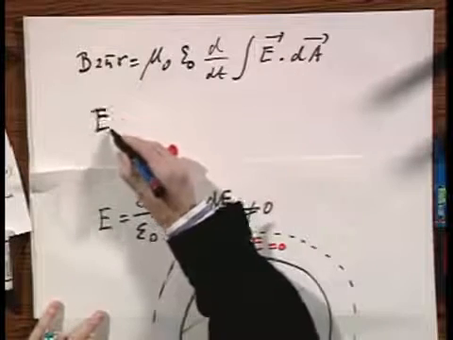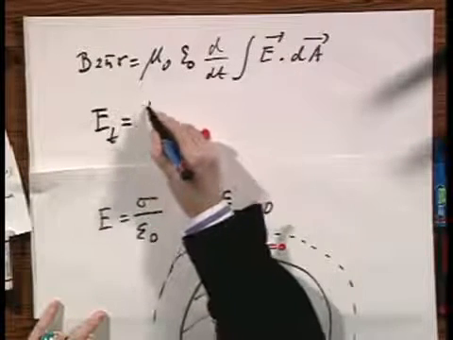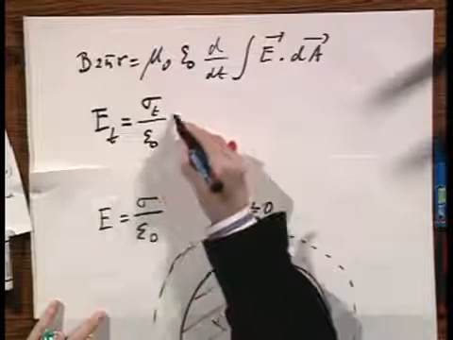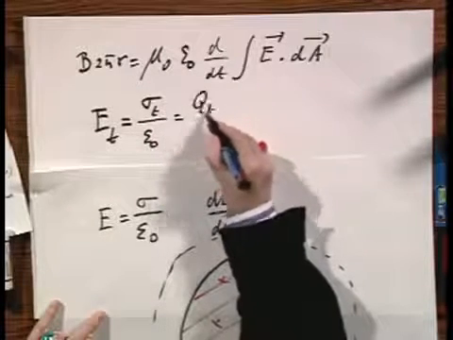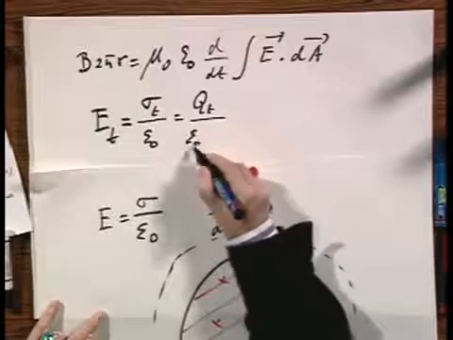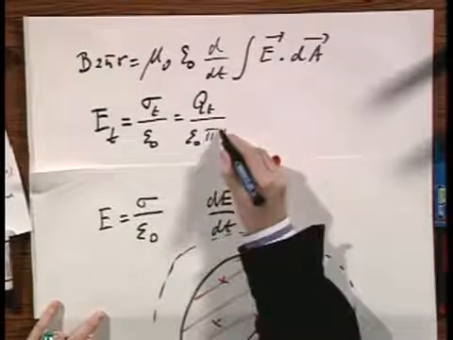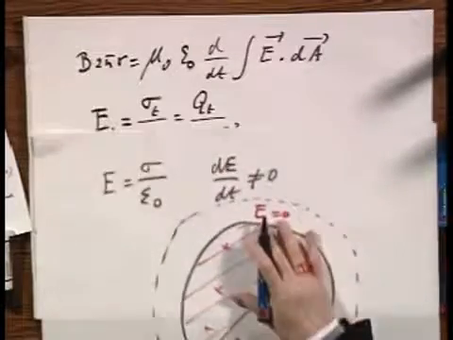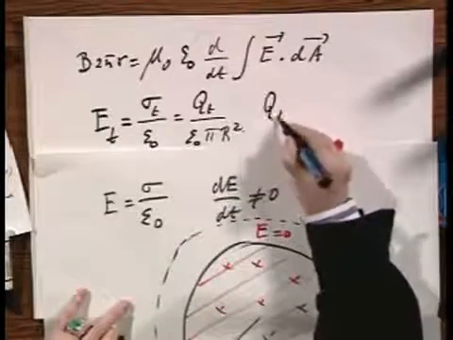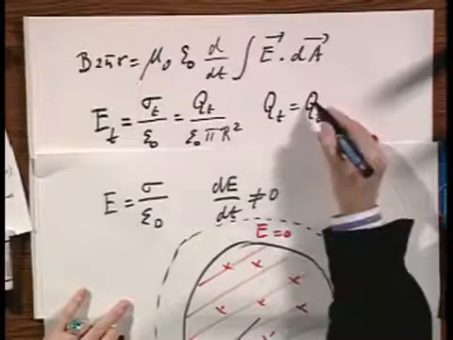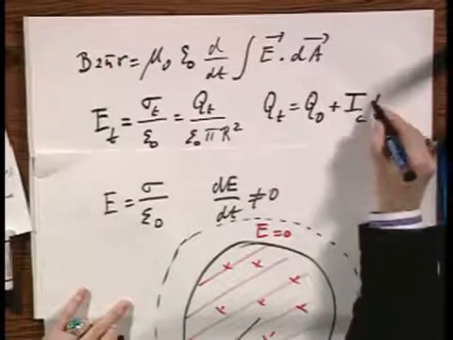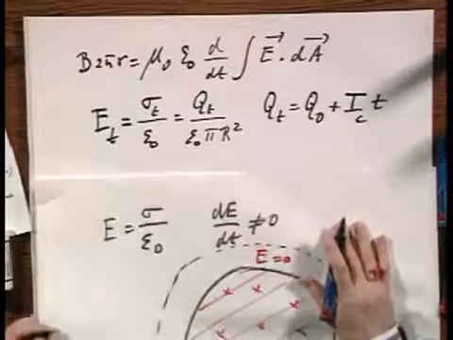What is E as a function of t between the capacitor plates? That is sigma, which is changing with t, divided by epsilon0, which is the charge divided by epsilon0 times the area between the plates, which is pi R squared. Q of t is growing linearly in time. At time t equals 0, it is Q0 plus the conduction current times t.